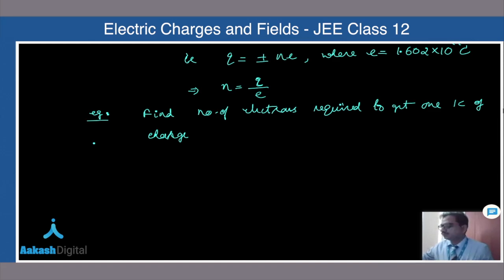Come on, do it. n is equal to Q by e. Q equal to 1, charge of the electron is 1.602 into 10 power minus 19.